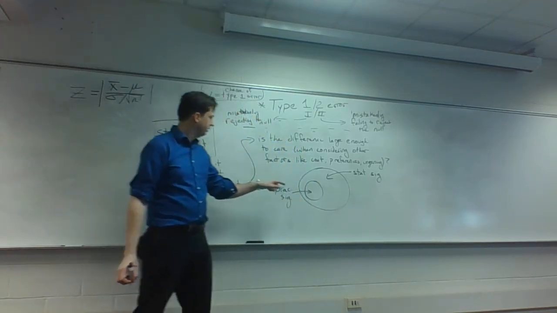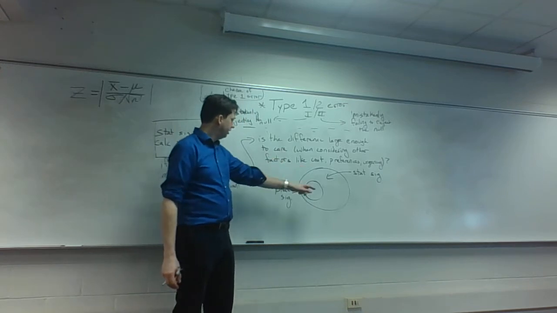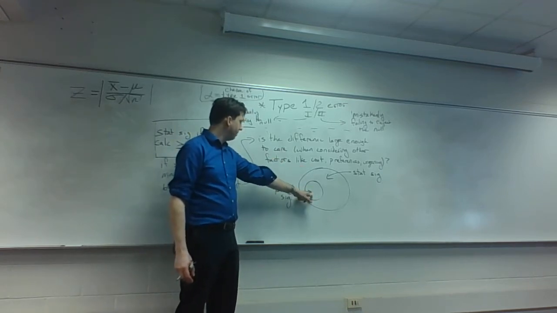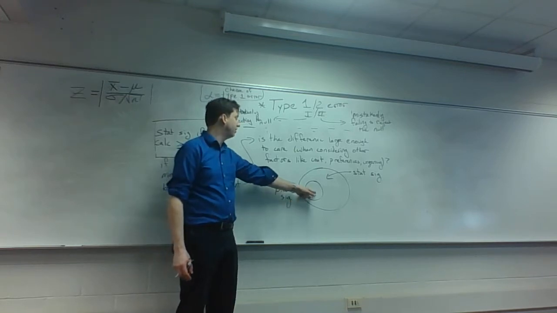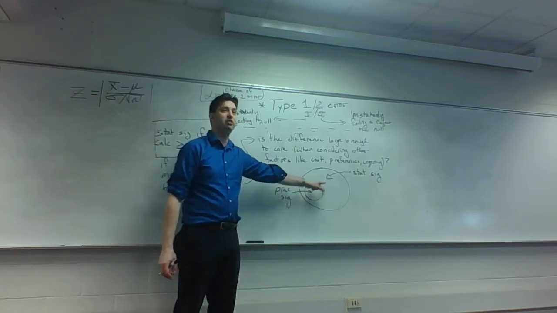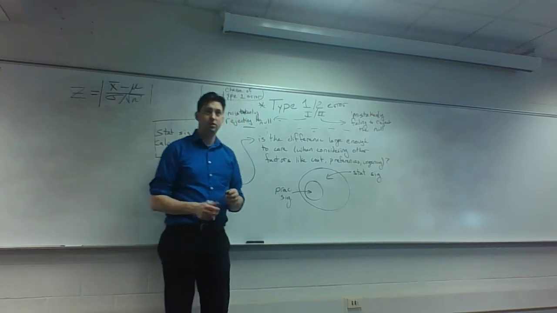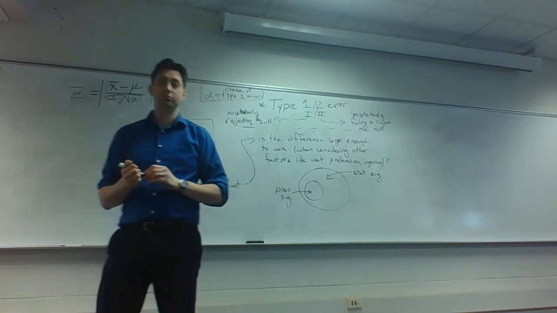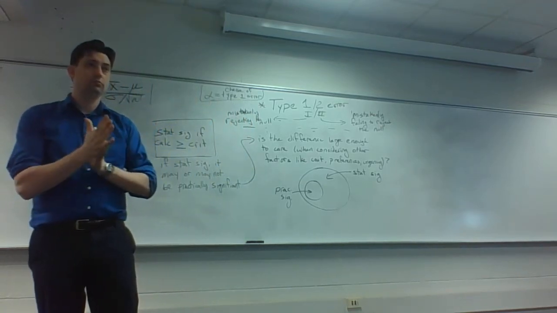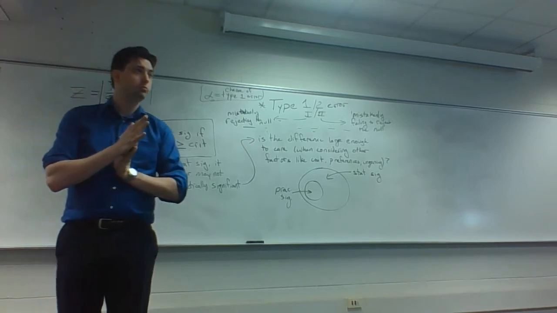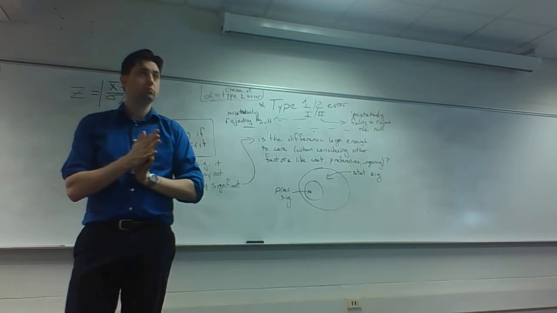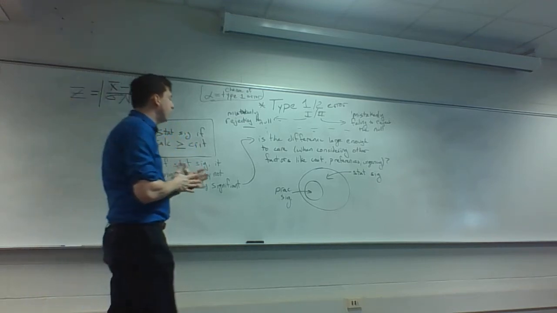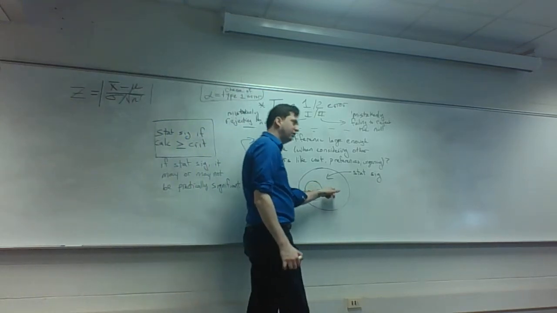But there's no overlap between the practically significant and the not statistically significant. Anything that is practically significant is by definition statistically significant. Any questions on that? Anything that is practically significant must also be statistically significant.